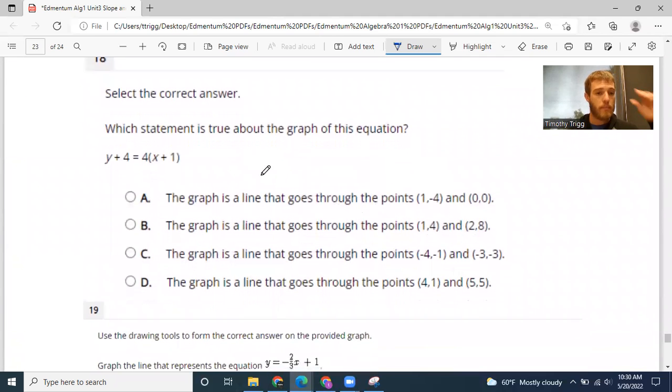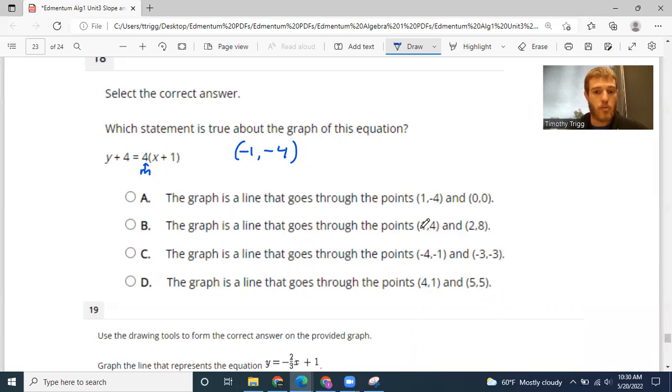Let's take a look at this one. Which statement is true about the graph of this function? Well, here your m is 4, so your slope is 4. And it goes through the coordinate point -1, comma -4. Let's see.